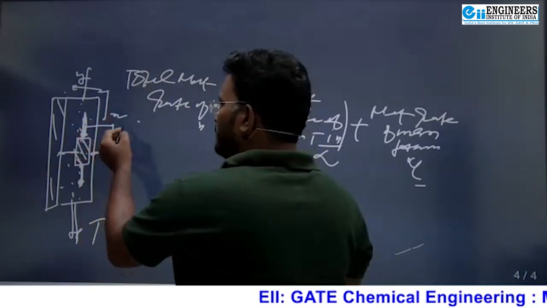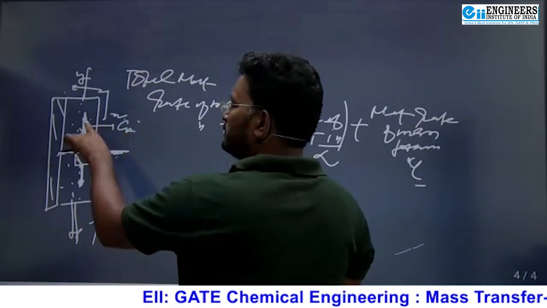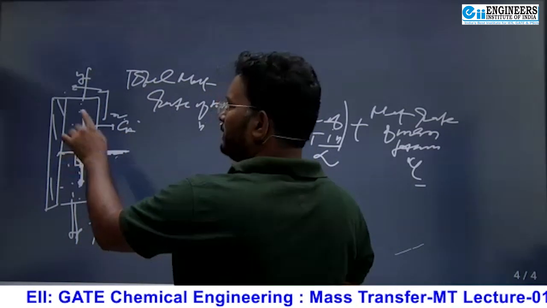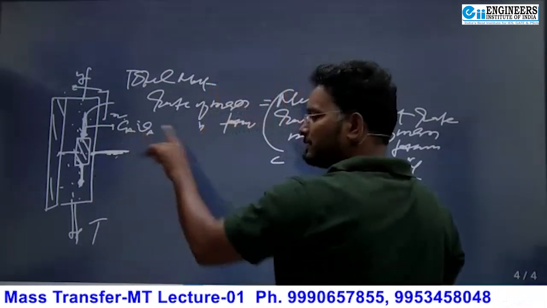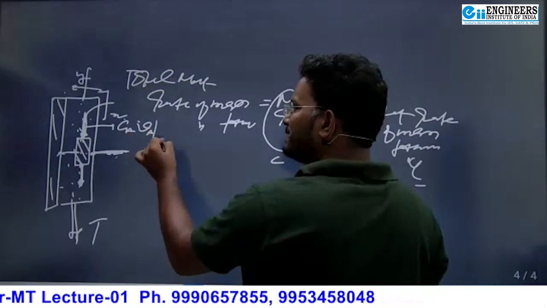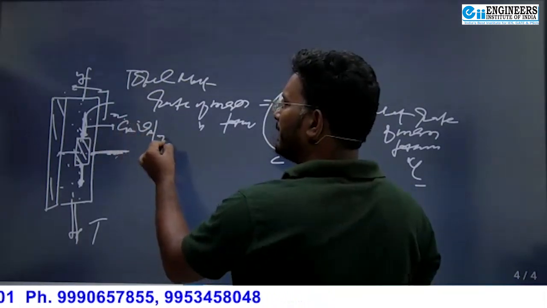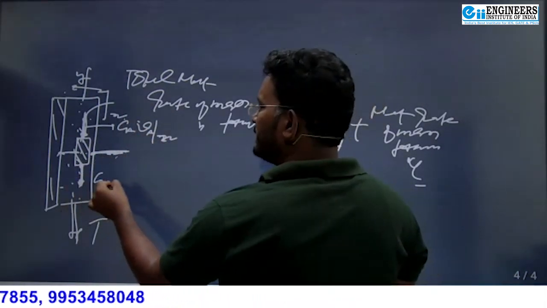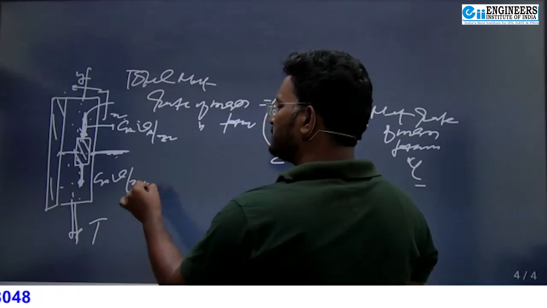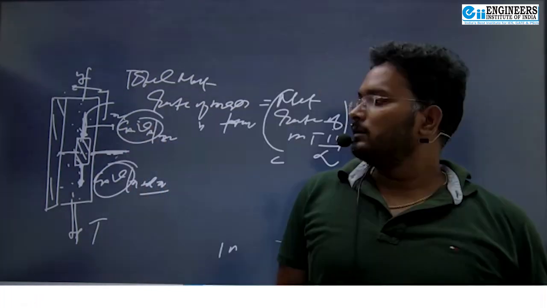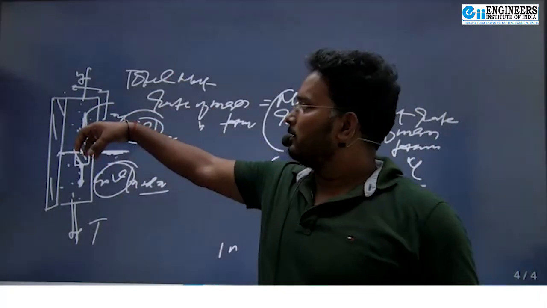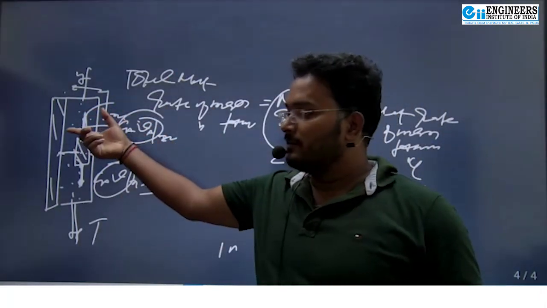So what do you write? CA into what? Concentration of A. Let's say A is diffusing here, so CA into VA, do you write? Tell me. CA into VA at x, and CA into VA at x plus dx. Am I right? Yes or no? Because due to velocity, if you apply species balance, what is species balance?